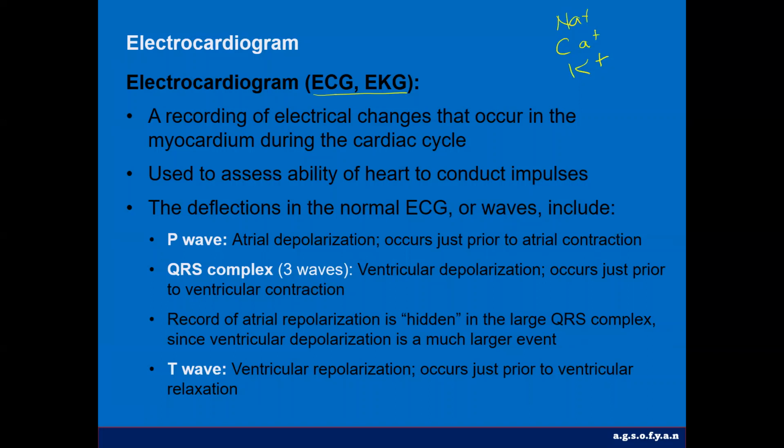And in the EKG, we will have three types of wave. Okay? The first one is called the P wave, and this is actually showing the sodium levels increase. That process is called atrial depolarization.